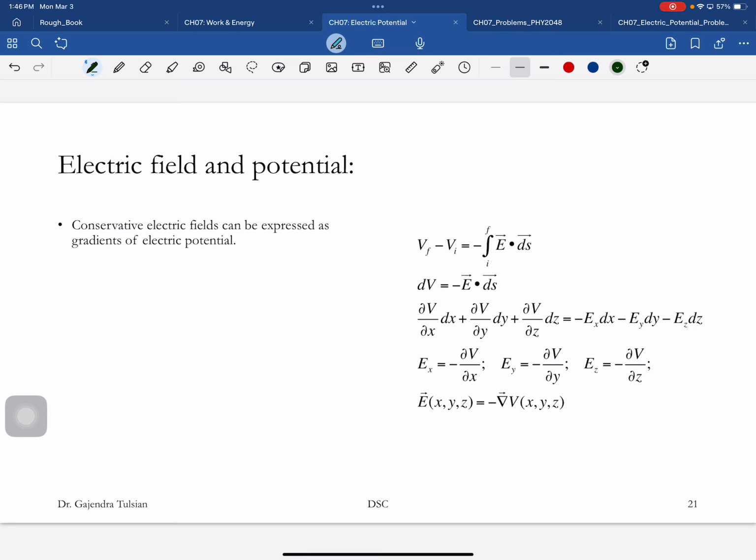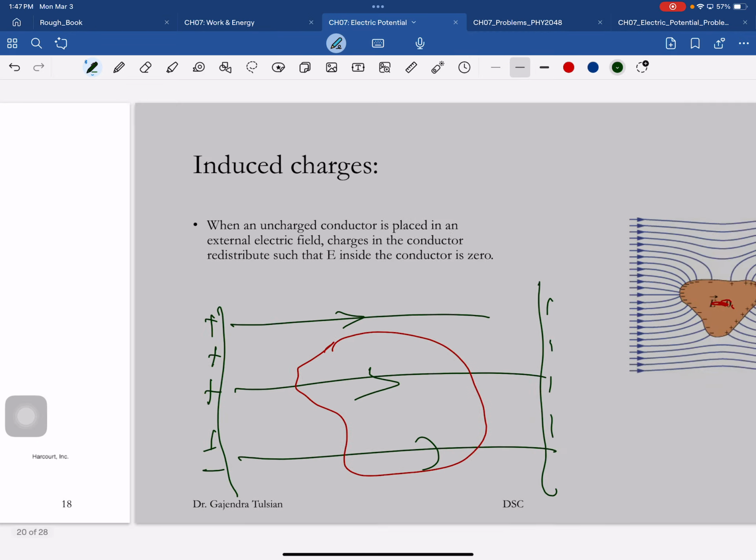So the electric field is given in terms of the electric potential like that. It's the negative of the gradient of the electric potential. You already saw this. Electric fields were perpendicular to equipotential surfaces, and they were pointing in the direction of decreasing potential.